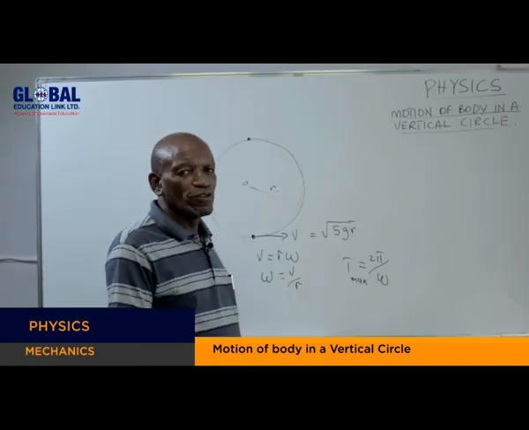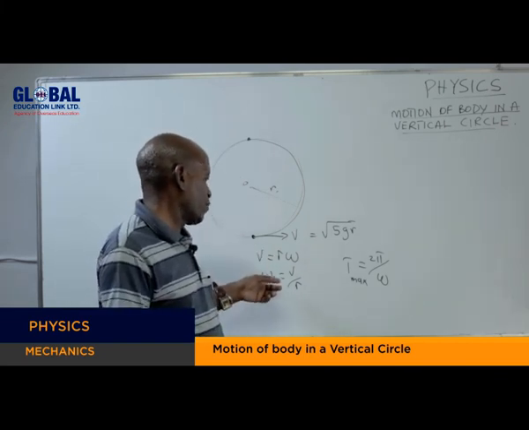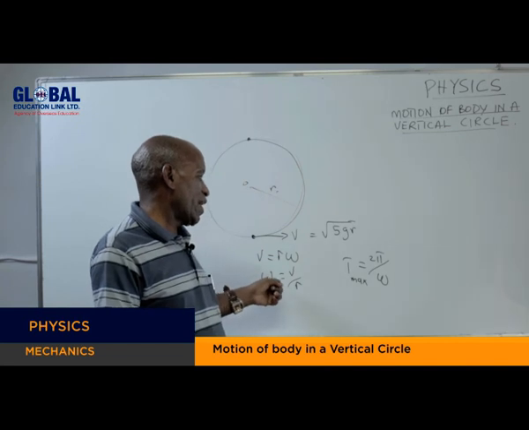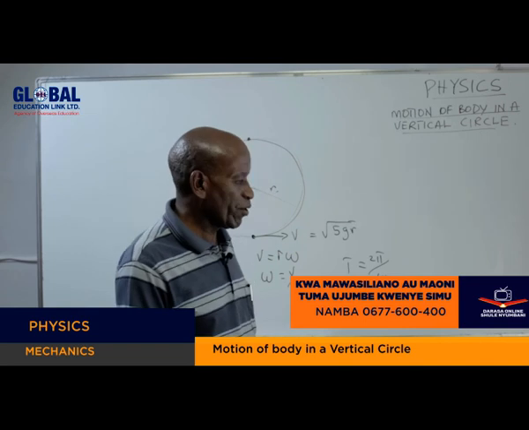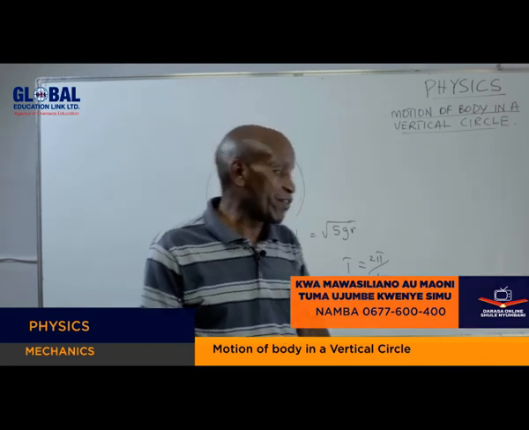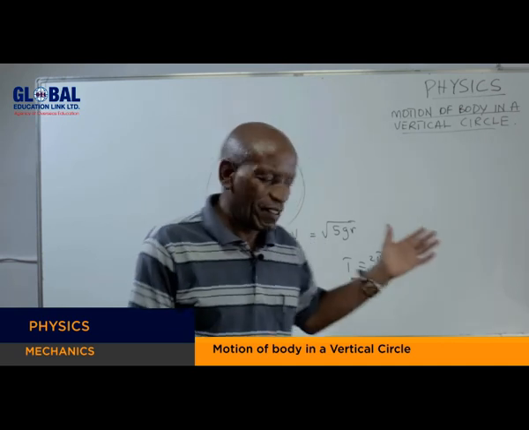So I leave you to take this question at home, compute the angular velocity, and finally obtain this particular period T, which is a maximum period for the reason I have already mentioned.